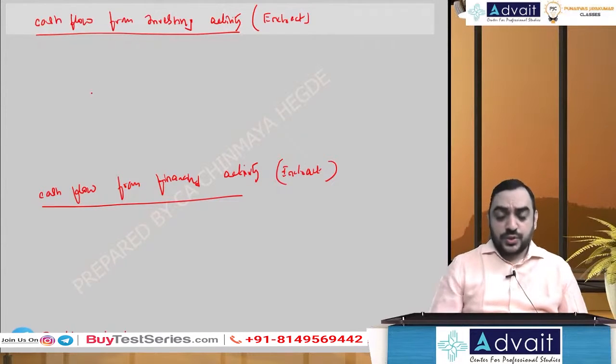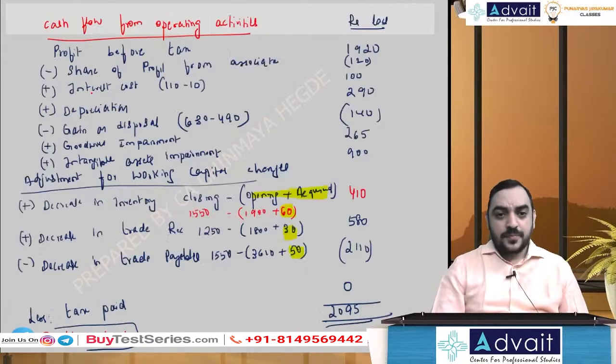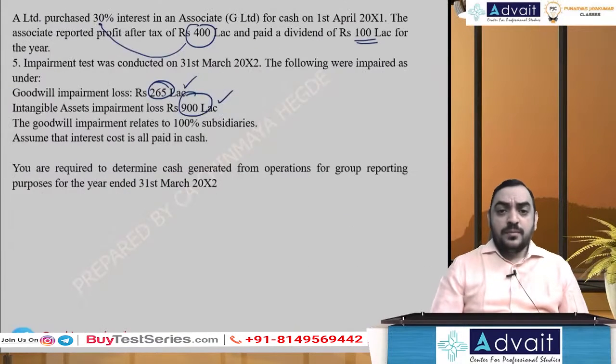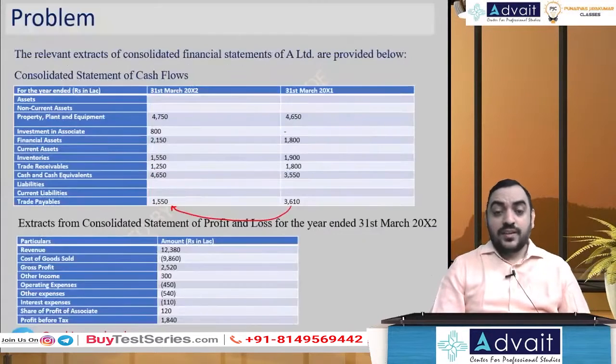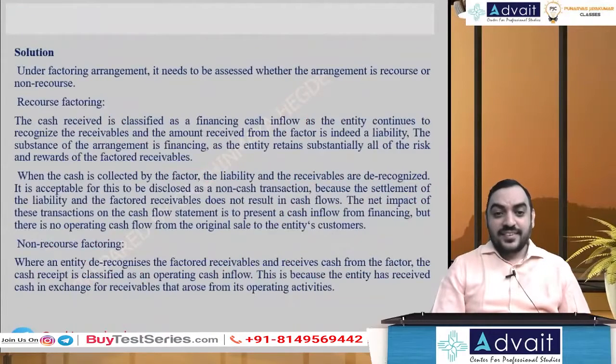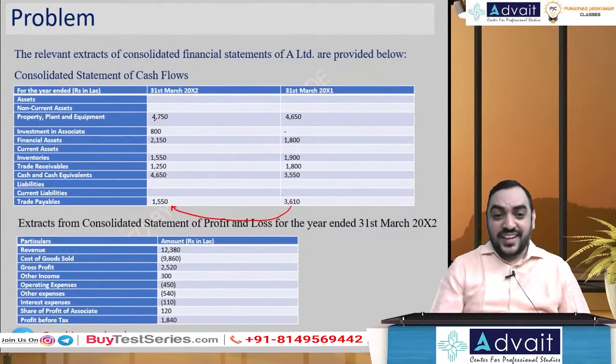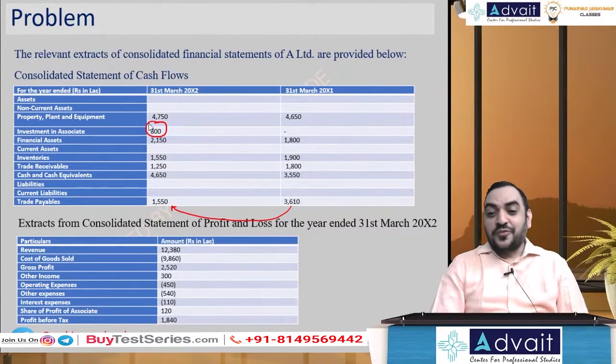Okay. Purchase of associates. Was it acquired during the year? A Limited purchased the associate for cash on 1st of April 2001. How much? Here it is not given, but they have given, interesting, investment in associates 800. Correct? Can you tell me what is the cost of investments?